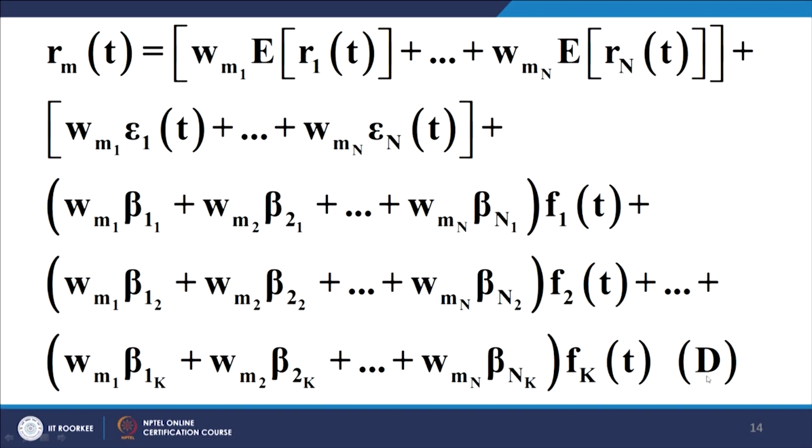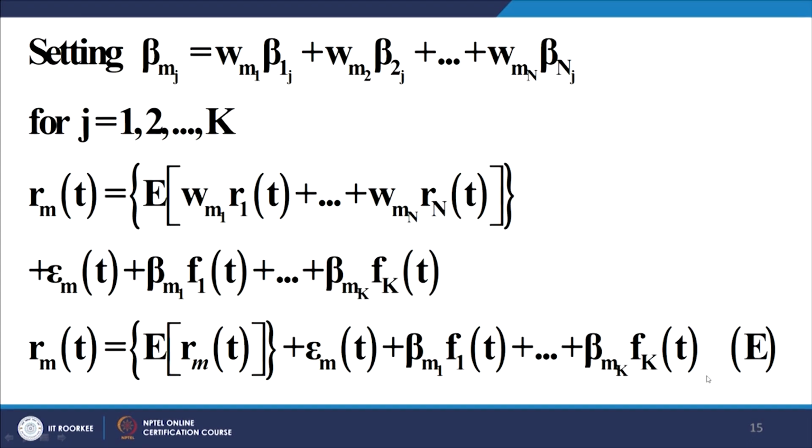Please note there is nothing else except algebraic rearrangement, no principles involved, and we get equation number D. Now, if we set beta mj equal to Wm1 beta 1j plus Wm2 beta 2j and so on, please note, as I mentioned, the first subscript of beta identifies the security, the second subscript of beta, that is j, identifies the risk factor.